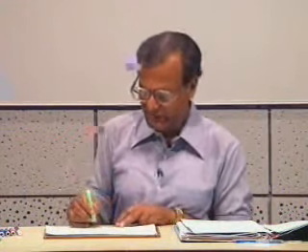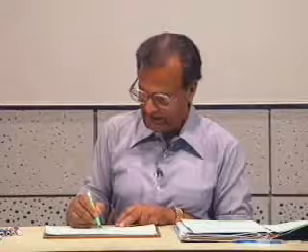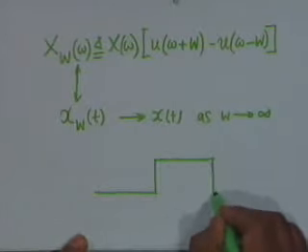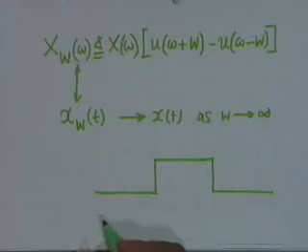But contrary to expectation, this does not happen. Gibbs phenomenon takes over. What we are trying to get from the inverse Fourier transform is this rectangular pulse, but what we get is something like this.